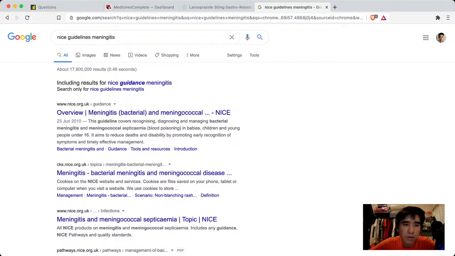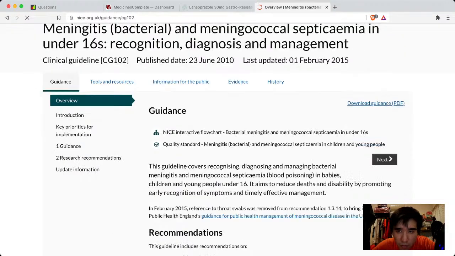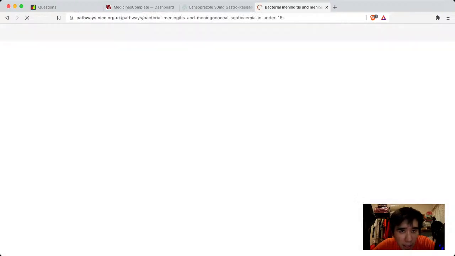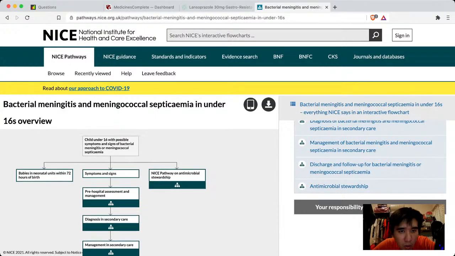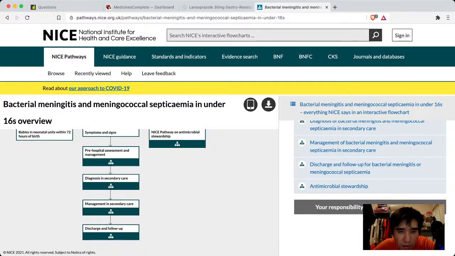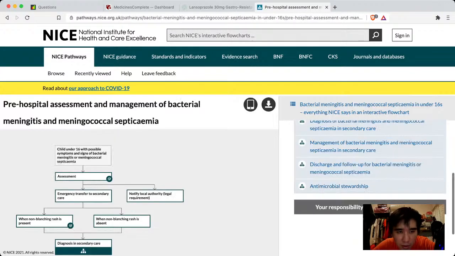In children, meningitis under 16, meningococcal septicemia under 16, pre-hospital assessment and management.